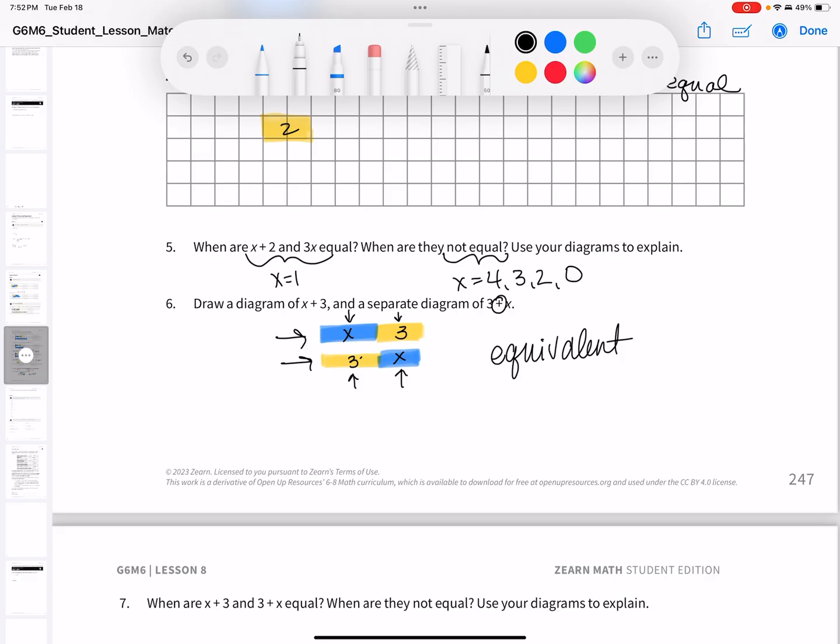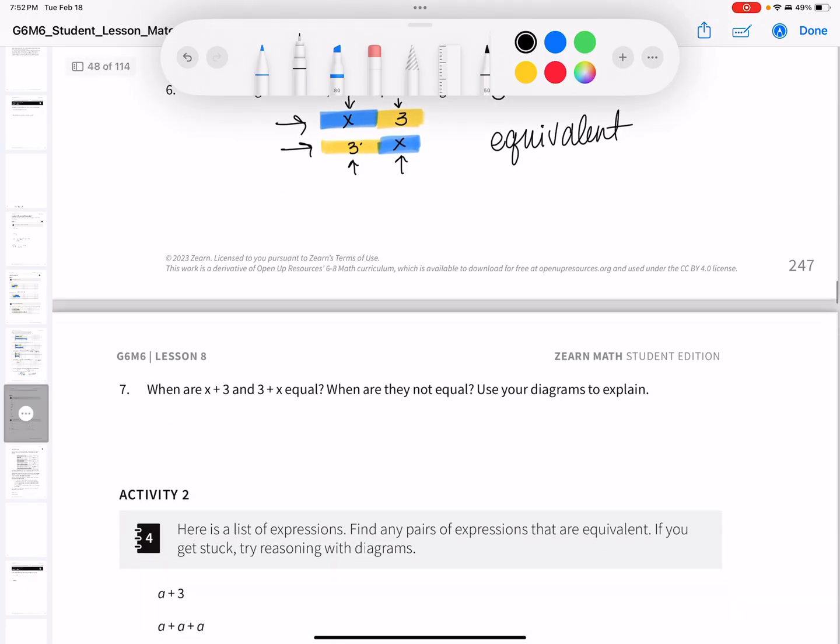So when are x plus 3 and 3 plus x equal? When are they not equal? Well, they are always equal. They will never not be equal. Okay? All right, let's keep going.